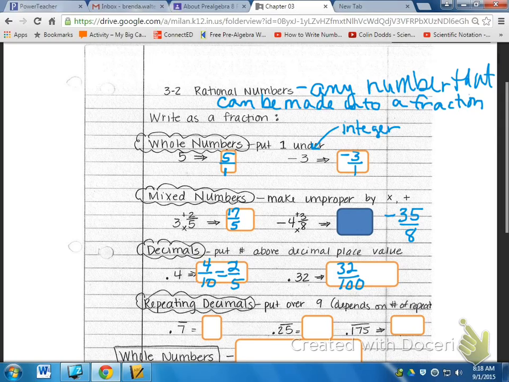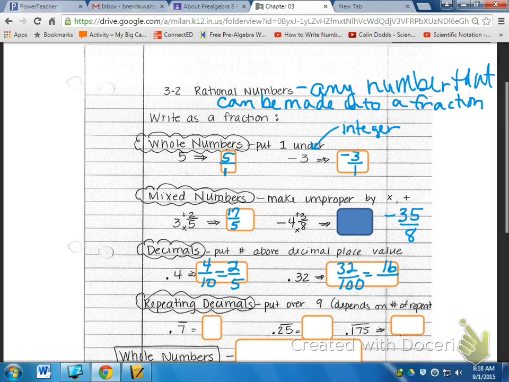Are they both even? Yes. So if they're both even, you know you can divide out at least what? Half. Yeah, you can at least divide out 2. So what's 32 divided by 2? 16. And what's 100 divided by 2?